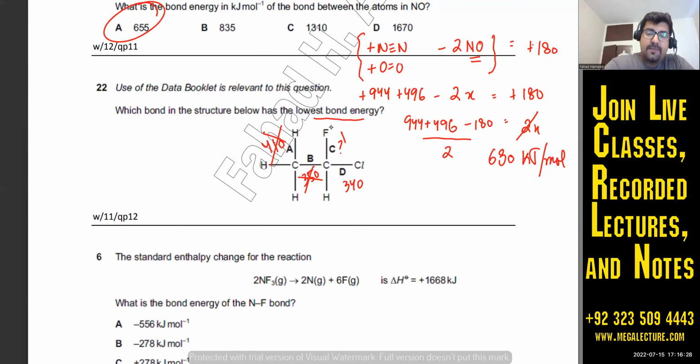So it's going to have a higher bond energy. And the reason is that fluorine is a smaller atom, so it has a stronger bond.